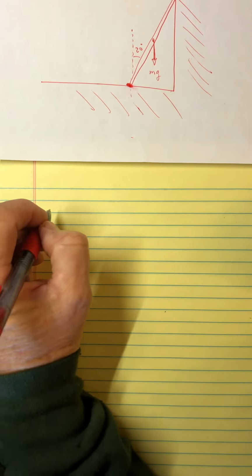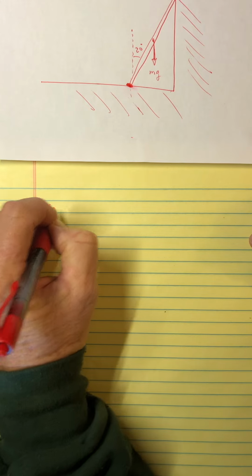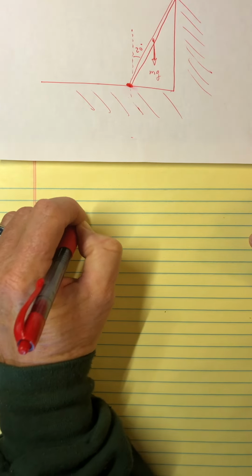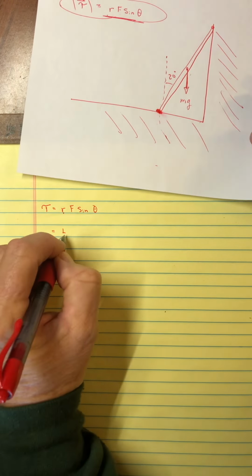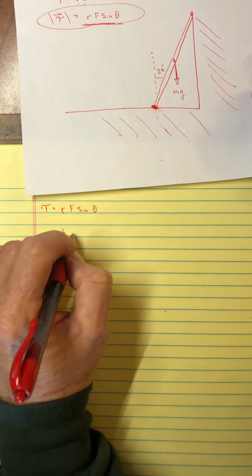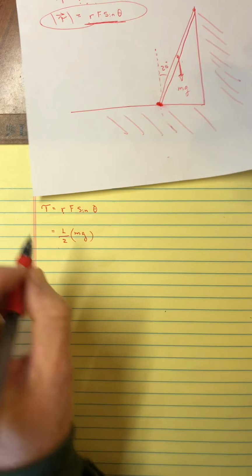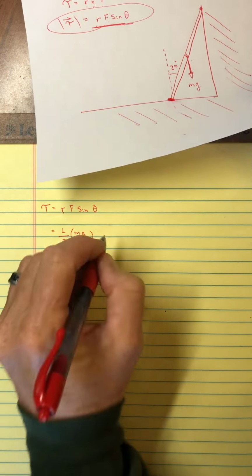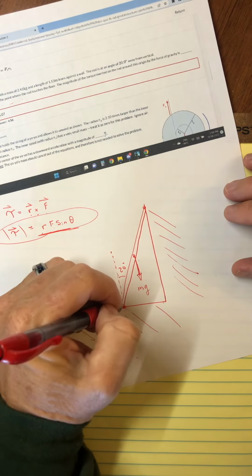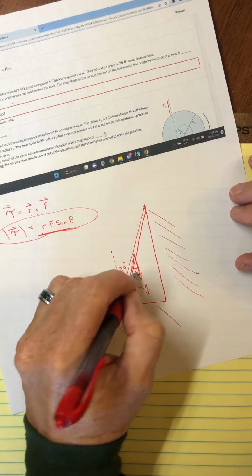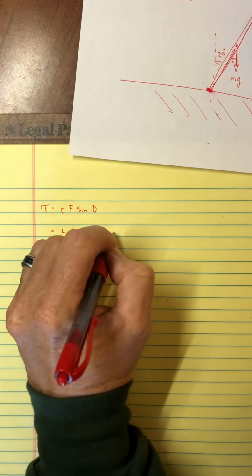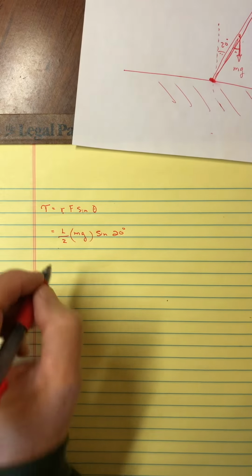So when I go to calculate the magnitude of the torque, RF and the sine of the angle between them, the R would be half the length of the rod. The force would be its weight, mg, and the angle between the R and the F is also 20 degrees.